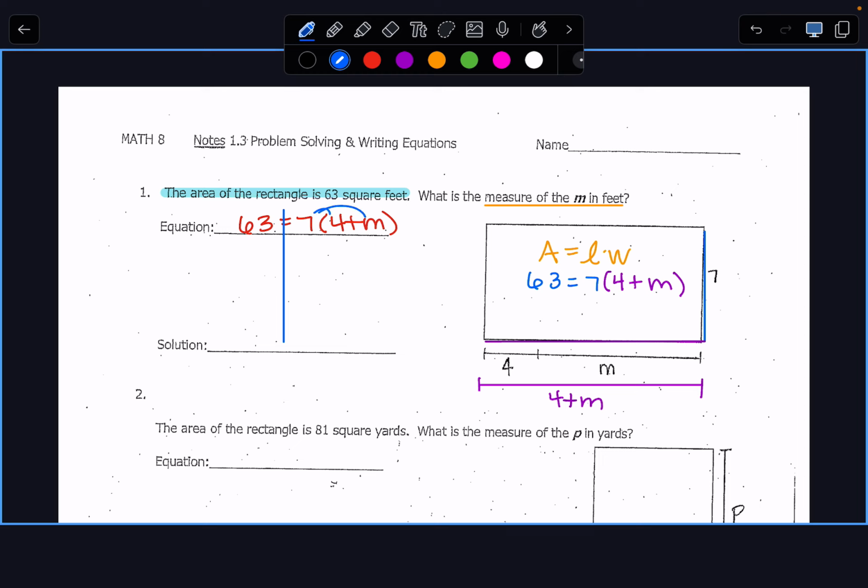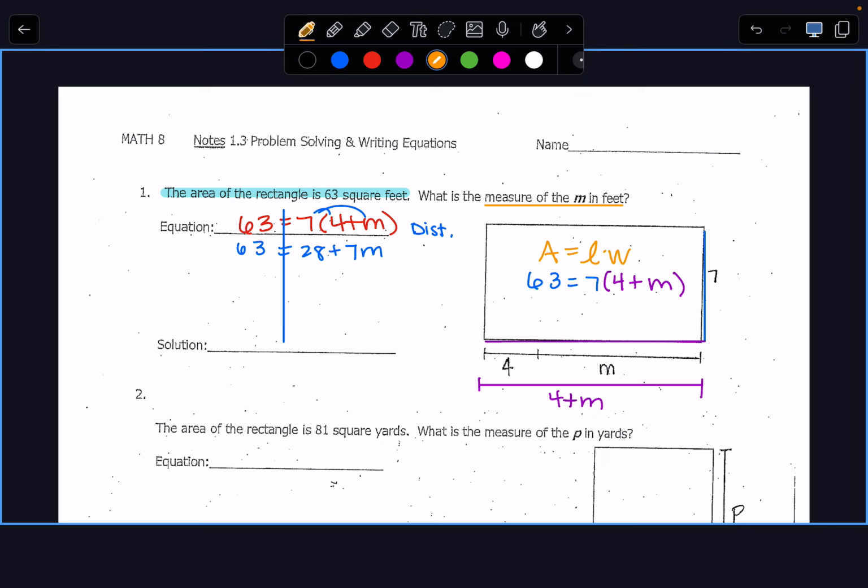So we have 63 equals 7 times 4 is 28 plus 7m, because we have 7 times m. It's actually kind of nice now, isn't it? What's our next step?